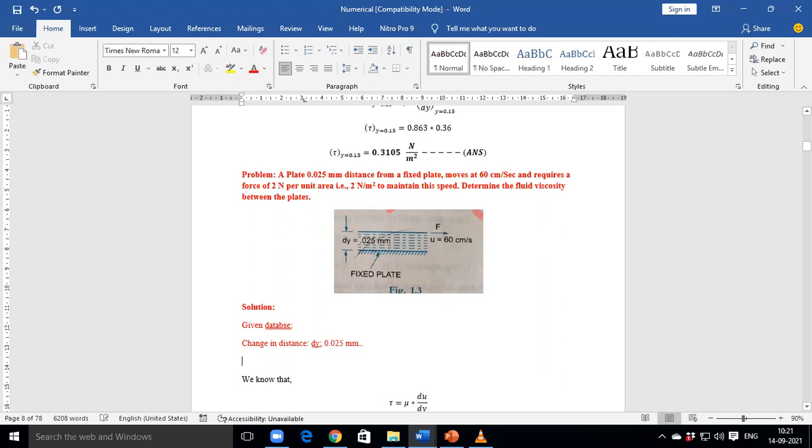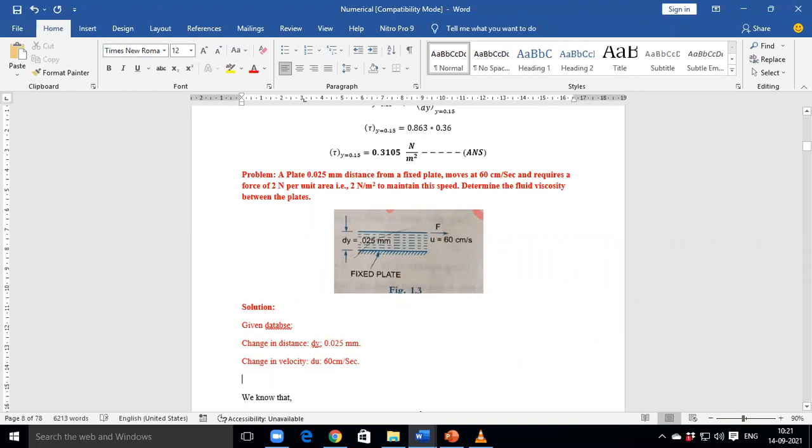The next value is mentioned as moves at 60 centimeter per second. It means the change in velocity, by notation du, and its value is 60 centimeter per second.